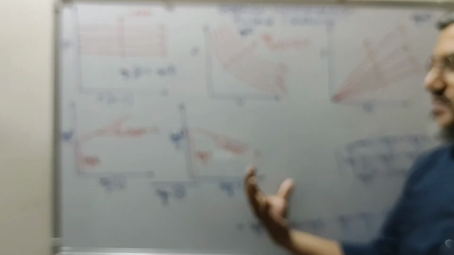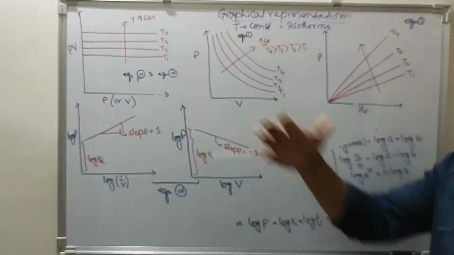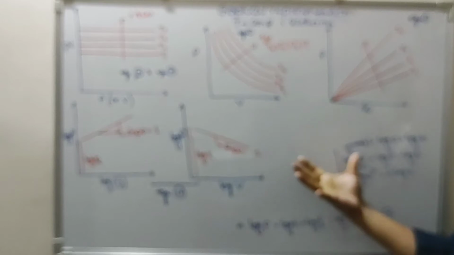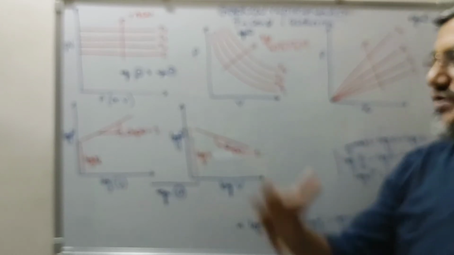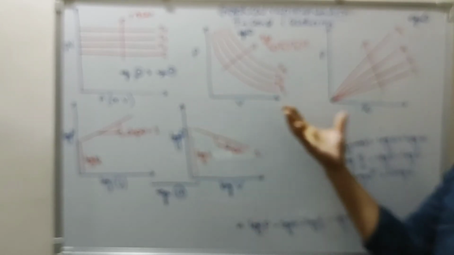The same statement can be represented in different ways, and based on this we can develop different types of graphical representation. All these graphs explain Boyle's law. So if a question asks which of the following graphs represents Boyle's law, then we have to give this.